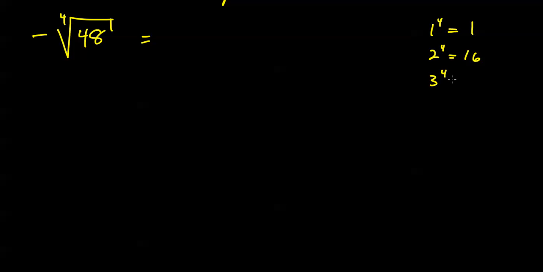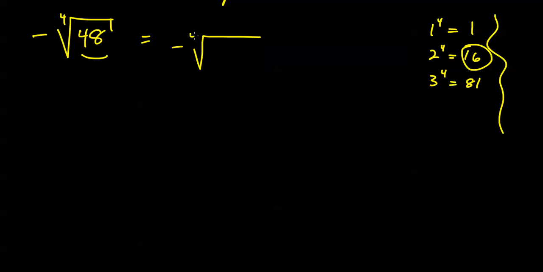What's 3 to the fourth power? It's 81, is it not? Way too big. So what I'm guessing here is, 48 is not going to be on this list, but 16, I can see 16 as a factor of 48 under the root sign. Can we not? Let me rewrite this expression then as minus the fourth root of 16 times 3.